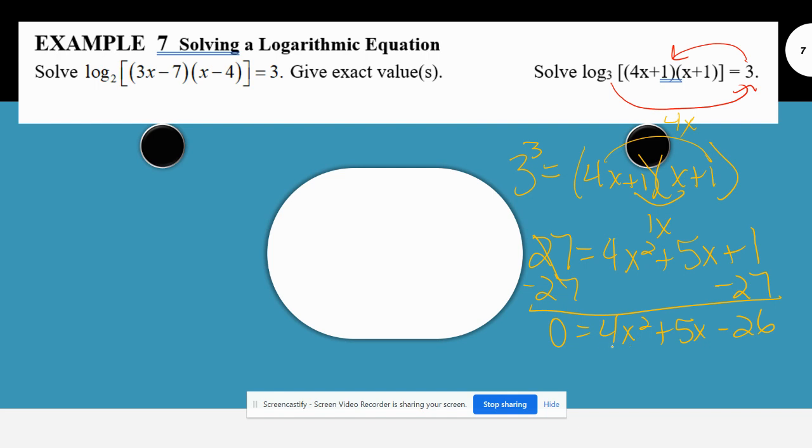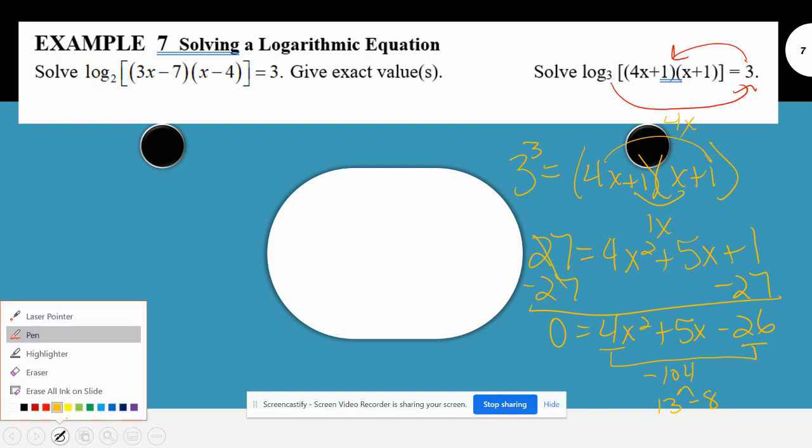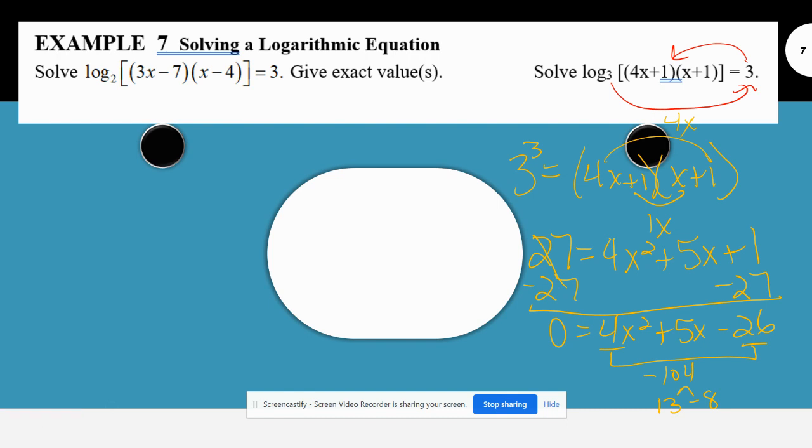I have no common factor to reduce, so 4 times negative 26 is negative 104. The factors of negative 104 that add to positive 5 are going to be 13 and negative 8. If I write that in factored form, we have 0 is equal to 4x plus 13 and x minus 2. 4x plus 13 is equal to 0.